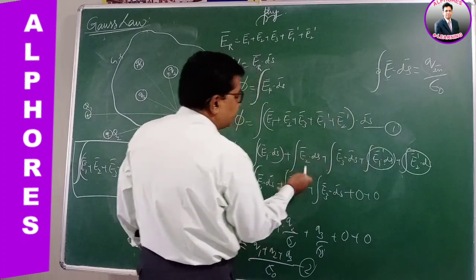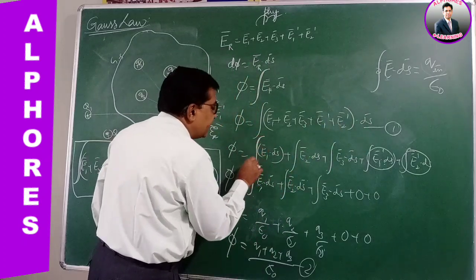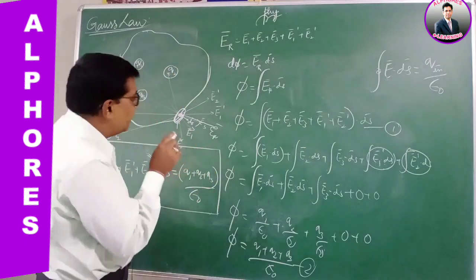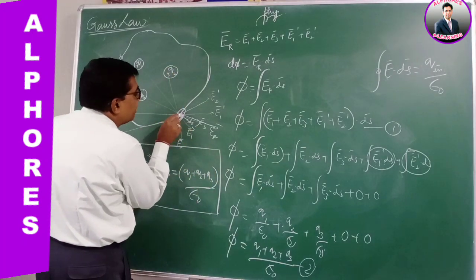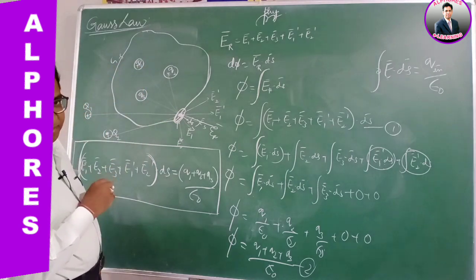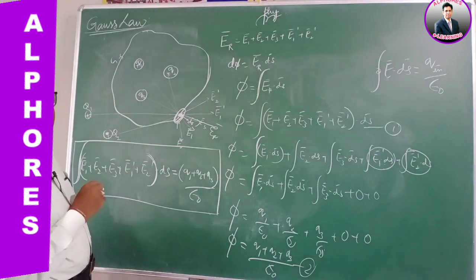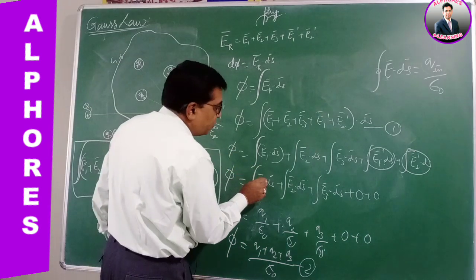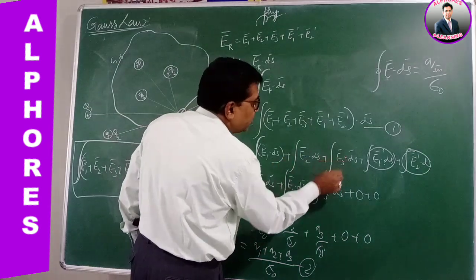Doing some mathematics, I multiply by ds. We know the integral of E1 dot ds is the flux due to the charge Q1. This is due to Q2, and this is due to Q3.